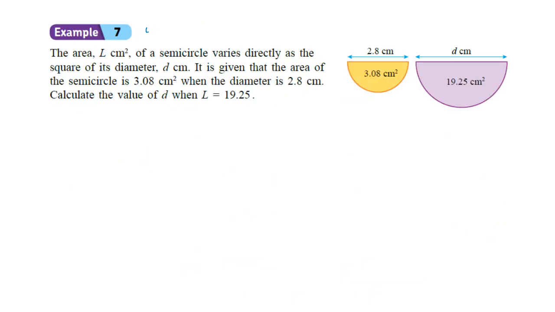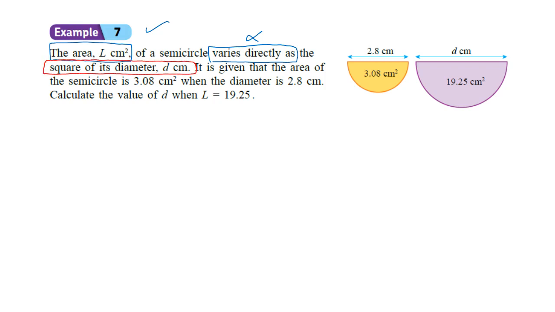Okay, example 7. The area A cm square of a semicircle varies directly as the square of its diameter.